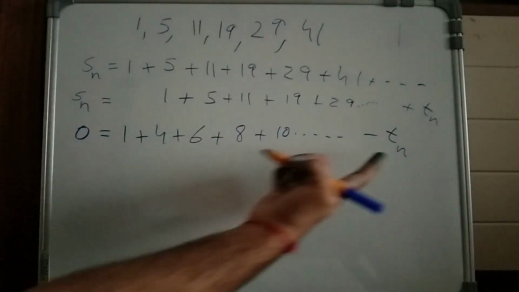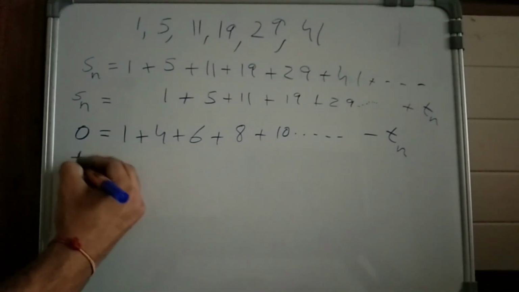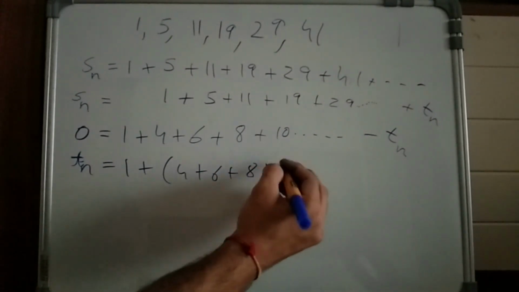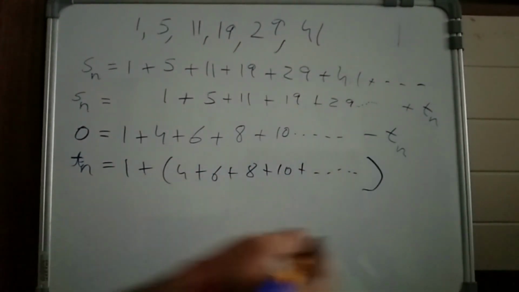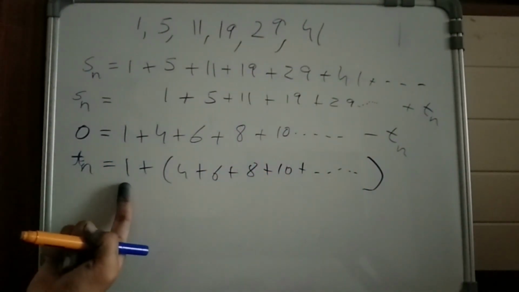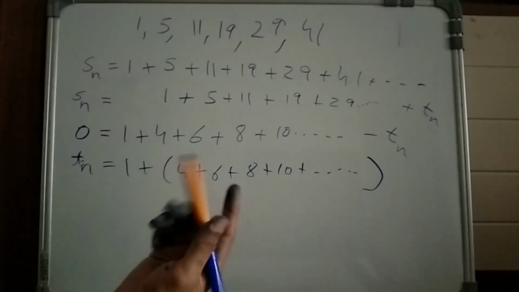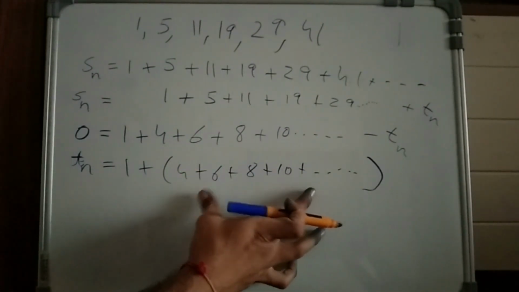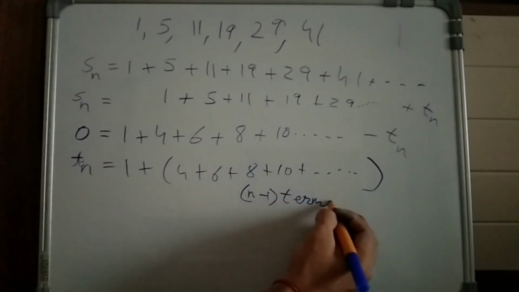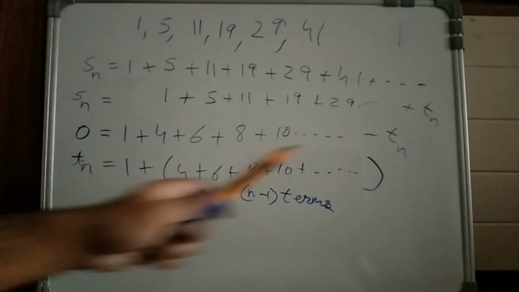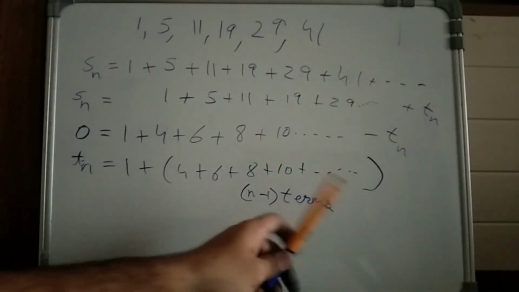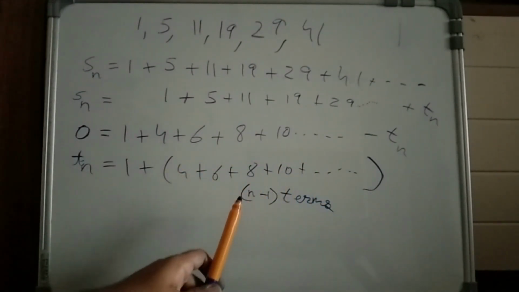So Tn will come over here, and 1 plus 4 plus 6 plus 8 plus 10. If we see here, there were total n terms, and 1 is outside this bracket. So can I say there are n minus 1 terms over here? There are total n terms, out of which 1 term is outside the bracket, and hence the remaining ones inside the bracket are n minus 1 terms.